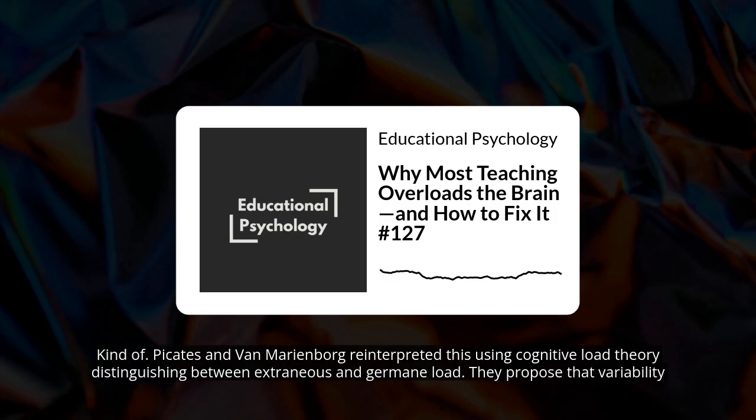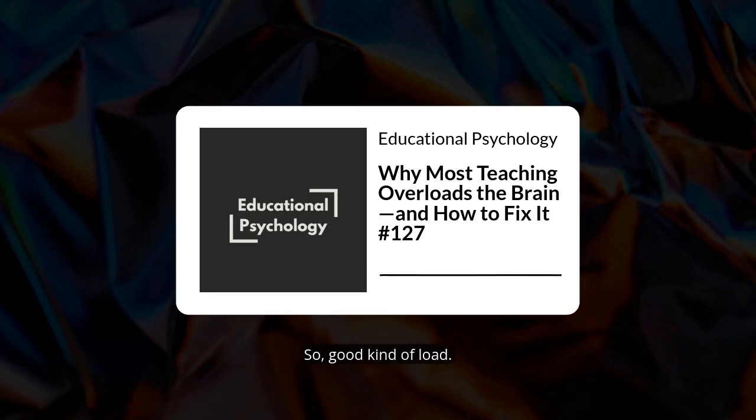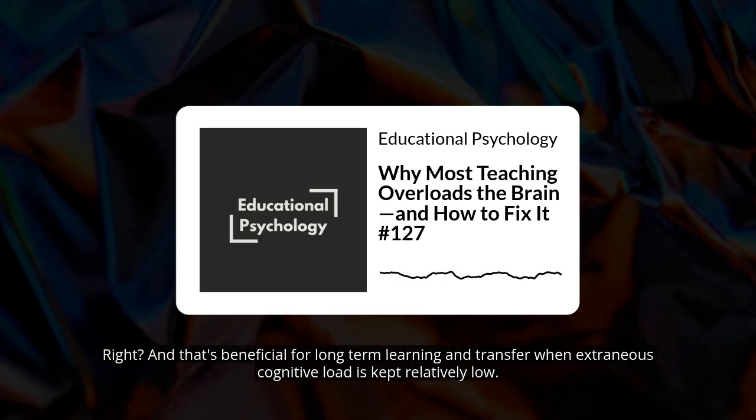Kind of. Pocahontas and Van Marienboer reinterpreted this using cognitive load theory, distinguishing between extraneous and germane load. They propose that variability primarily increases germane cognitive load, the effort directed at building more adaptable schemas. The good kind of load. Right. And that's beneficial for long-term learning and transfer when extraneous cognitive load is kept relatively low.